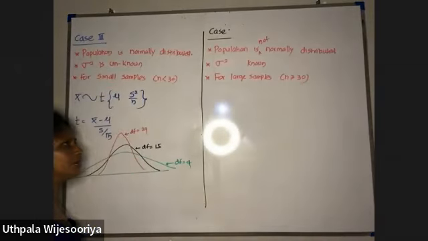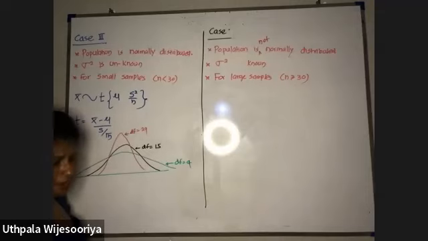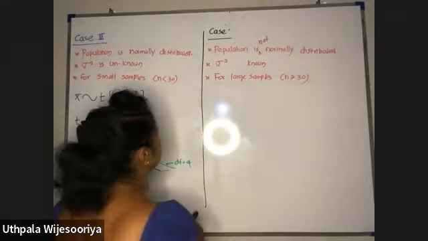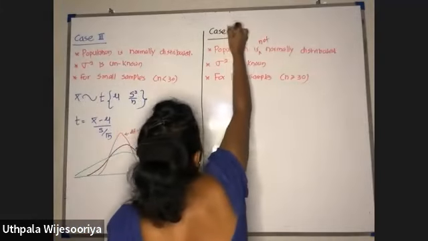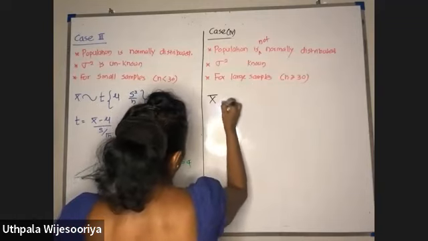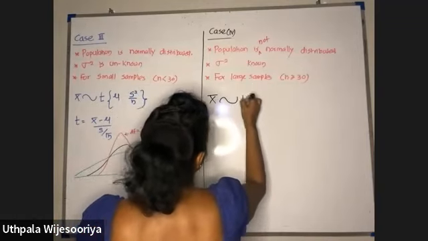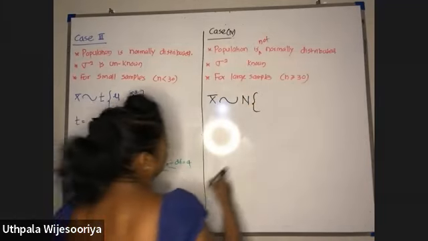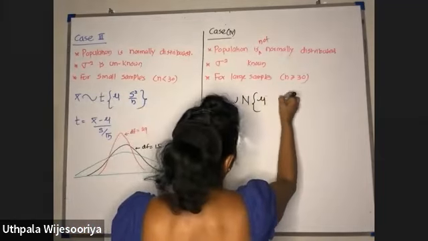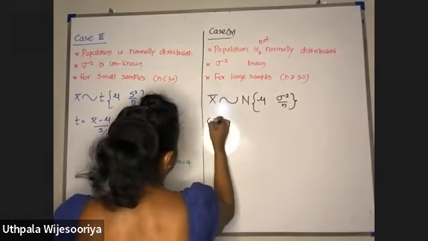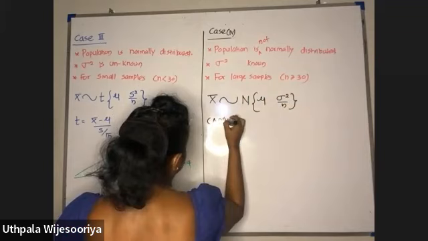Once we draw large samples, the sampling distribution of sample means is approximately normally distributed with mean mu and variance sigma square over n. The difference here is that it is approximately normally distributed.